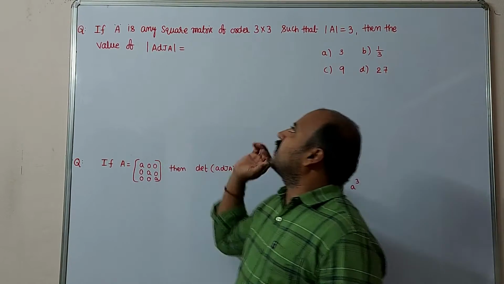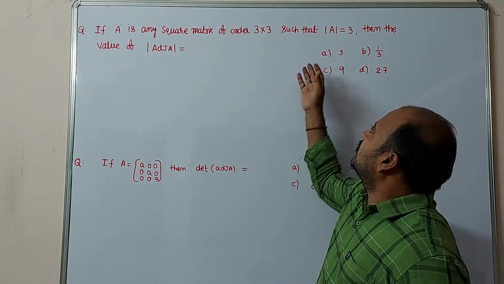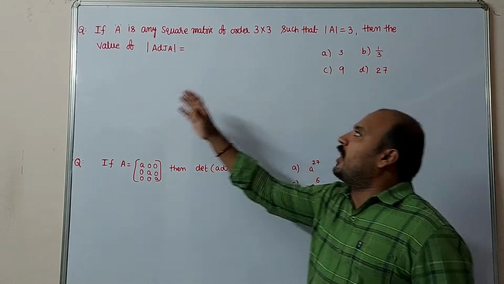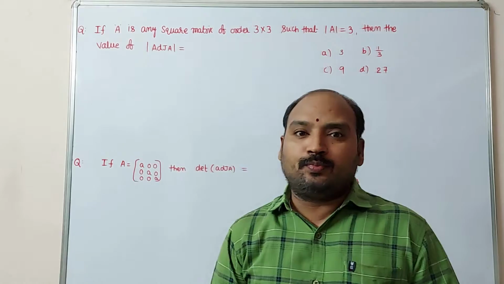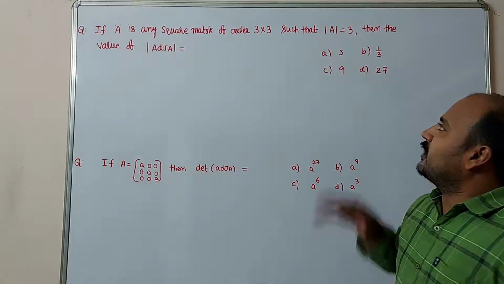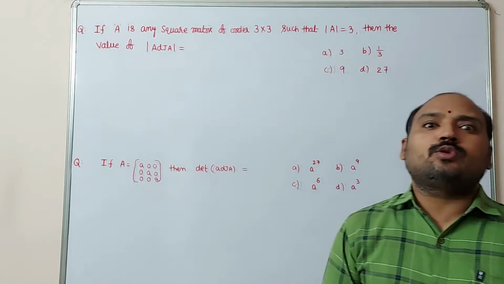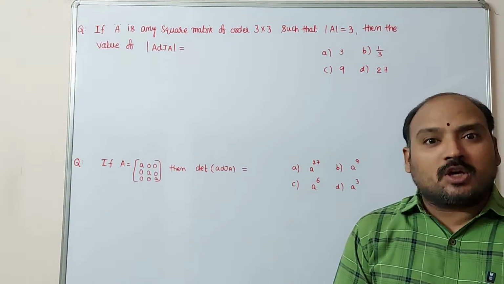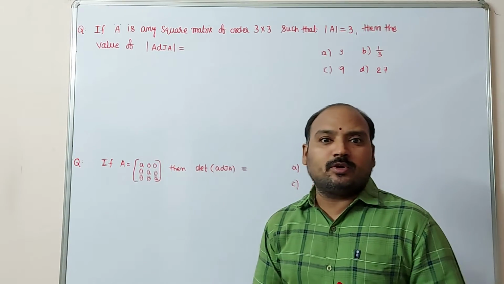If A is any square matrix of order 3 by 3 such that det A equals 3, then the value of det of adjoint A equals? So options are there. By seeing it, it is a very simple question, but you have to remember the respective formula for the given question. That is a very important thing, dear students.